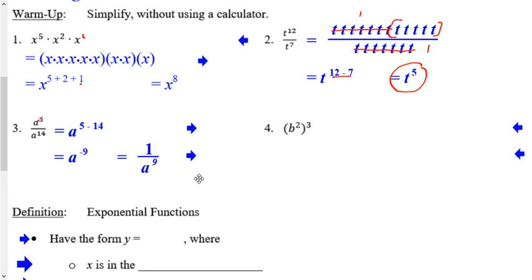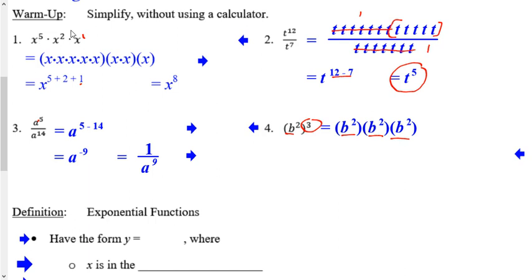On to number 4. Now I have a power, b to the exponent 2, that's raised to a power, or to the exponent of 3. So again, I could write this out, where I have this repeated multiplication, this base, b to the exponent 2, I should say, that base is repeated 3 times. And now if I use my rule from number one here, multiplying the powers with the same base, I can add the exponents.